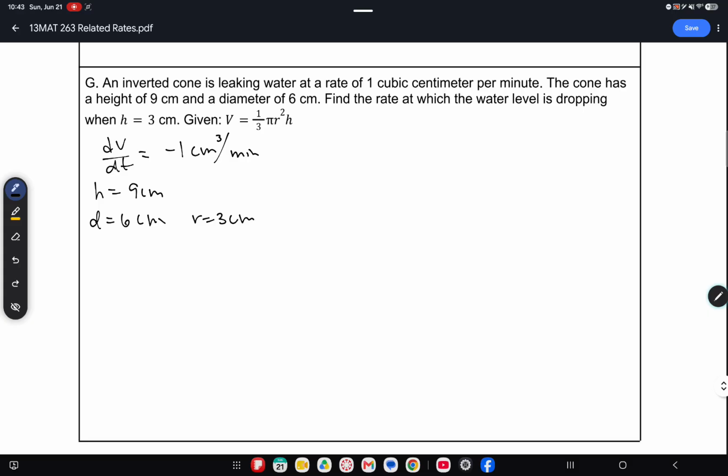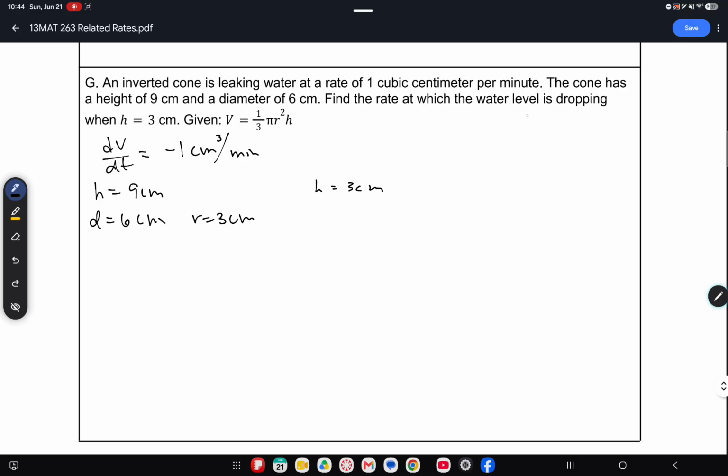Find the rate at which the water level is dropping when h is 3 centimeters, given the volume is 1/3 pi r squared h.